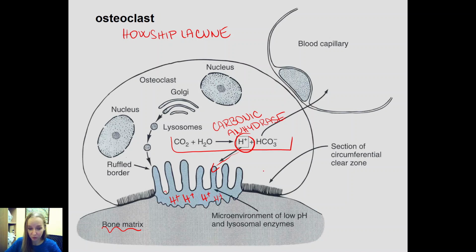This is a very important reaction, and you need a lot of energy to do this. This proton pumping needs a lot of energy. So you need a lot of mitochondria in the cell, and that's why the cell is eosinophilic. High eosinophilia.